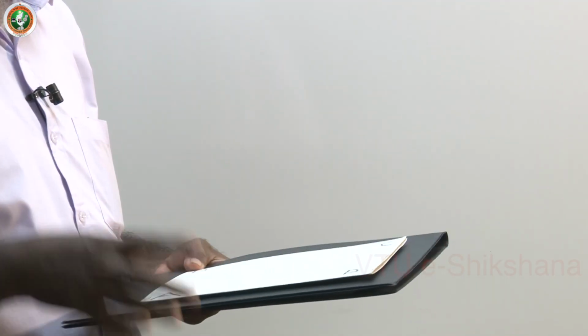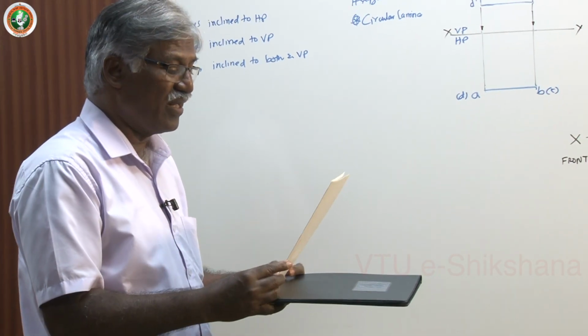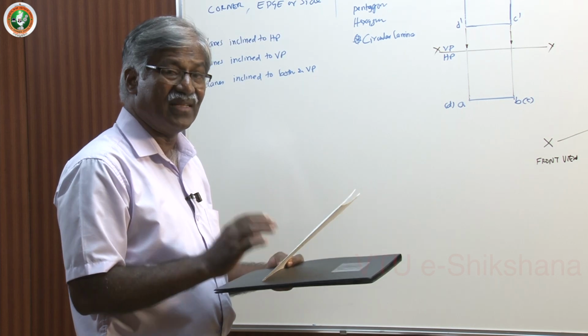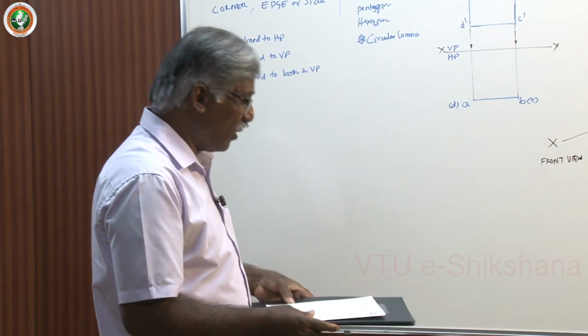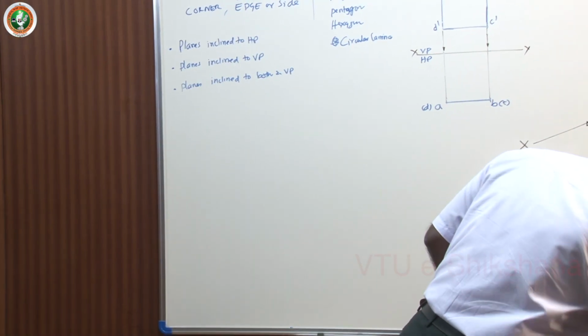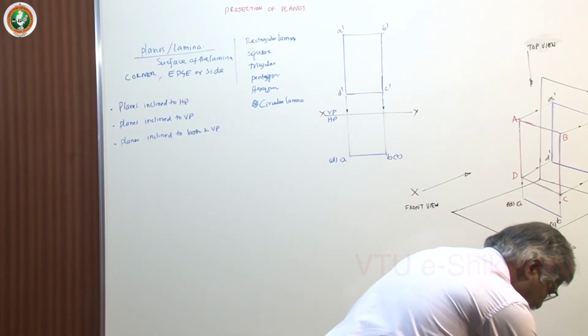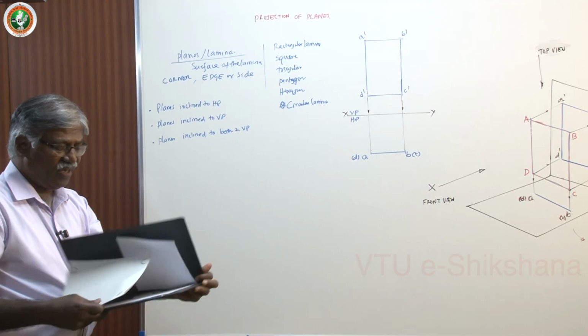So, the edge to be placed on HP is always perpendicular to VP, so that you rotate about that and get the inclination only to HP with the required angle. So, this is about edge condition with respect to HP and edge condition with respect to VP. Now, let us think of the lamina which is having a typical situation.